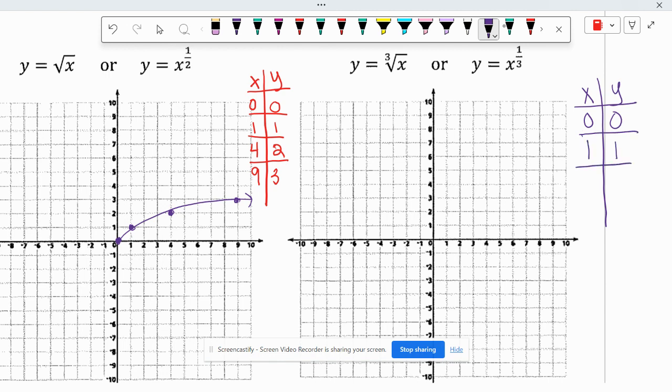The next number after 1 is 2. 2 times 2 times 2, or 2 cubed, is 8. So the cube root of 8 is 2. 3 times 3 times 3 is 27. So the cube root of 27 is 3.